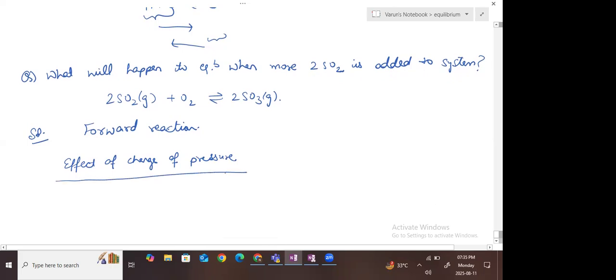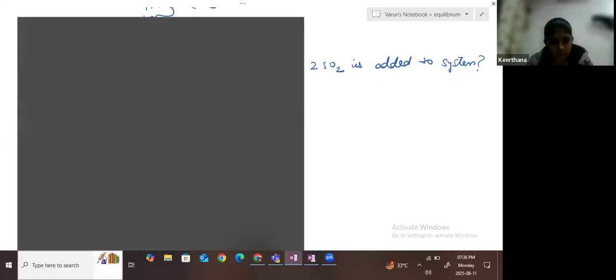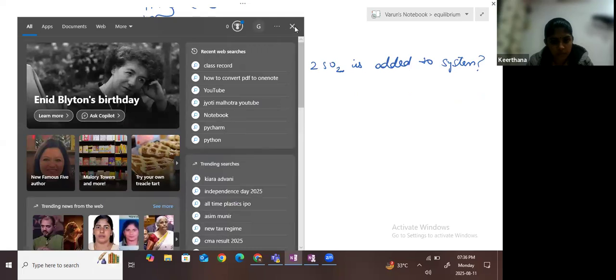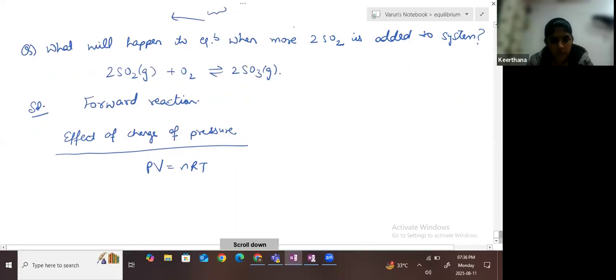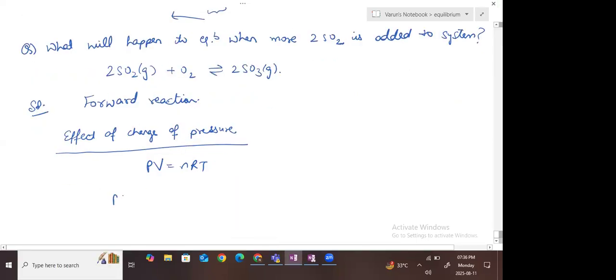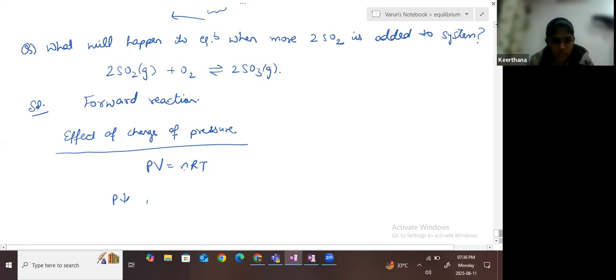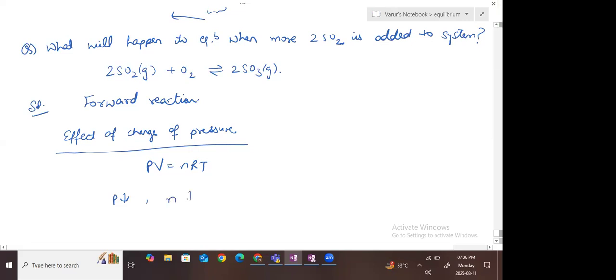Now we have the effect of change of pressure. We know that we have an equation PV is equal to nRT. So if we decrease the pressure, P is directly proportional to concentration, so my number of moles will decrease.